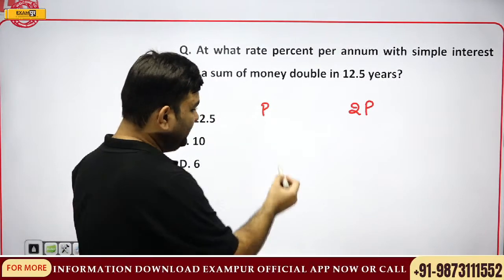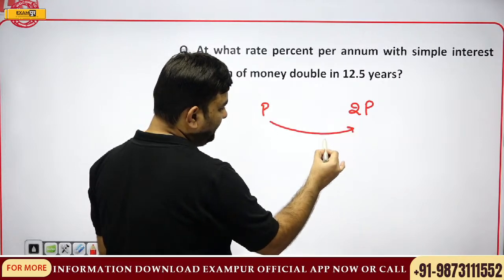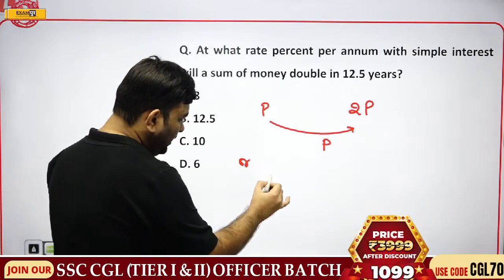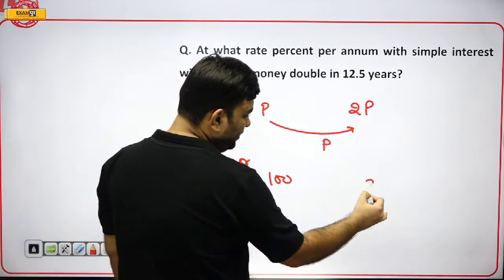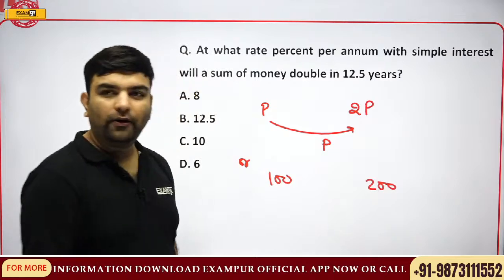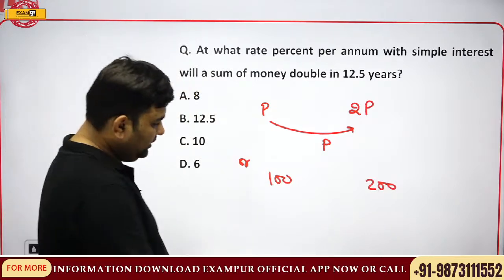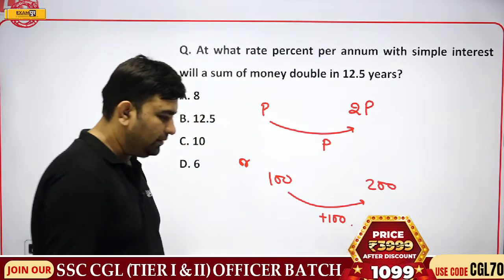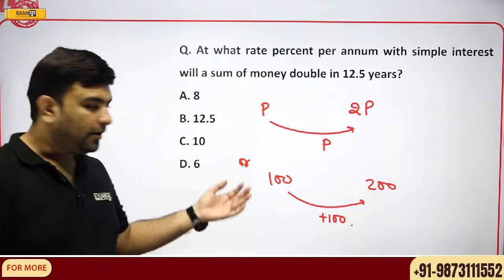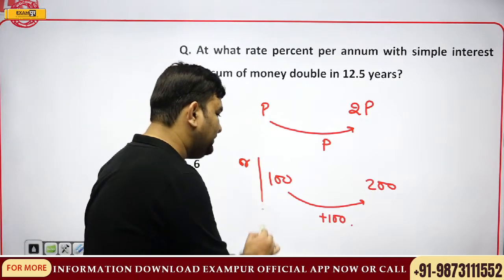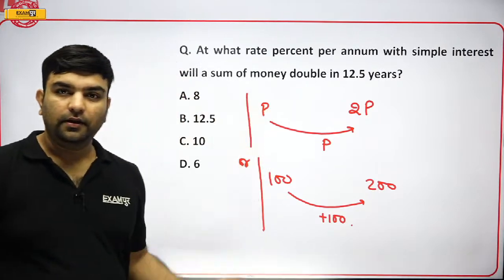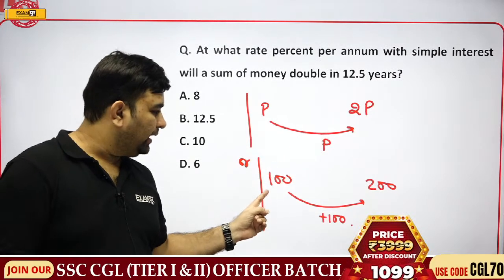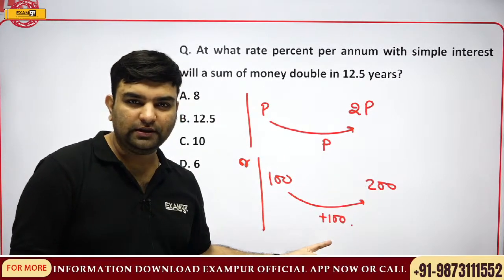So you're getting an interest of P. Or 100 becoming 200 means getting an interest of 100. Either see it like this or like this.